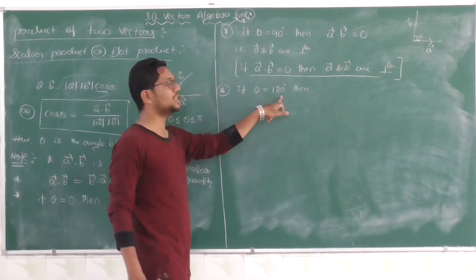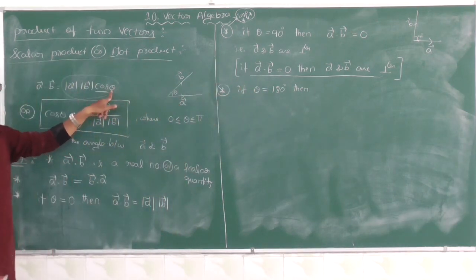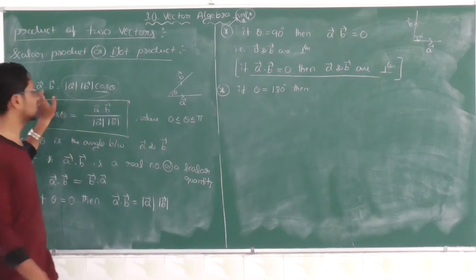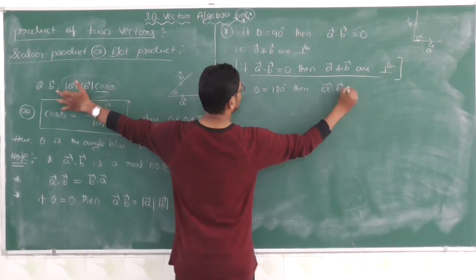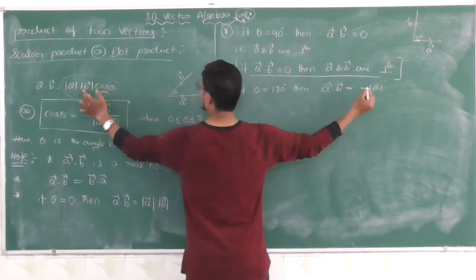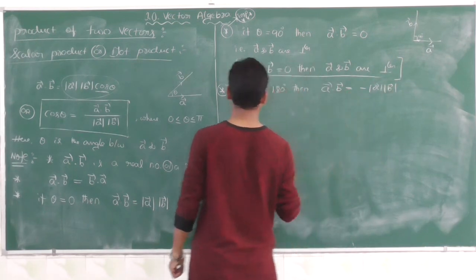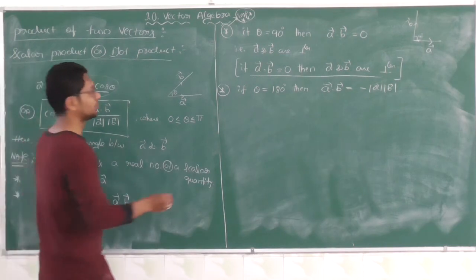What about if theta is 180 degrees? Just put 180 in place of theta. Cos of 180 is minus 1. Then A dot B equals minus magnitude A, magnitude B, when theta equals 180 degrees.